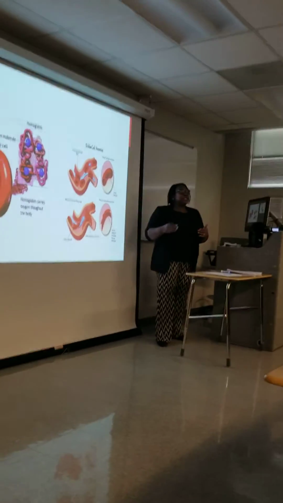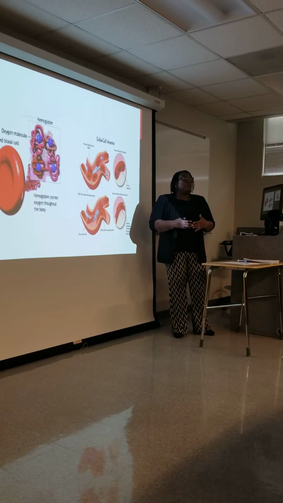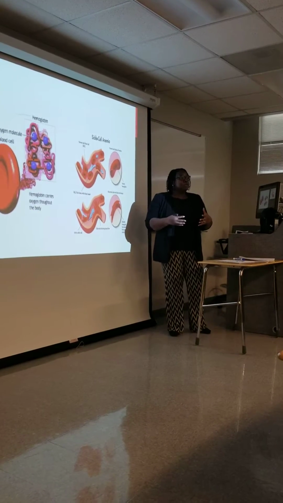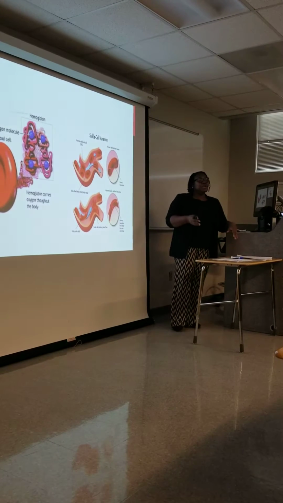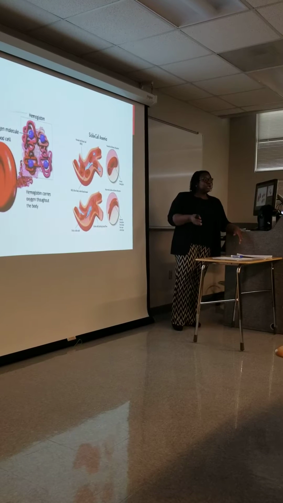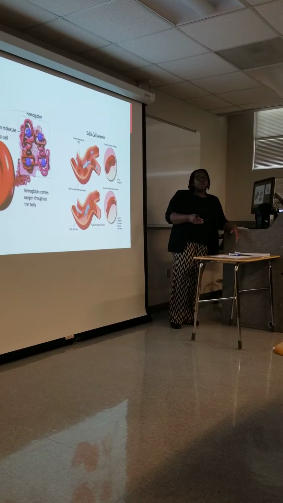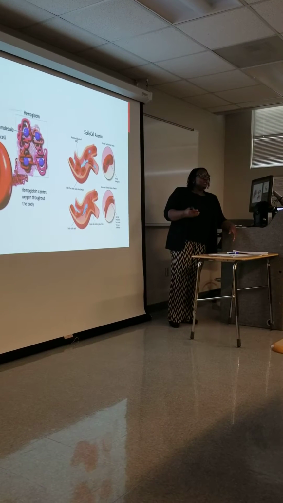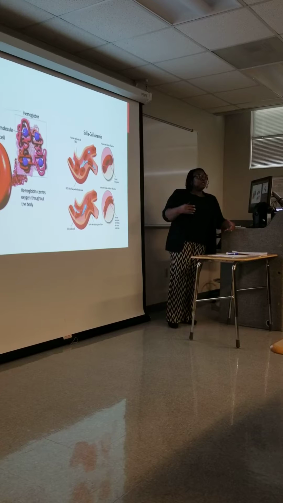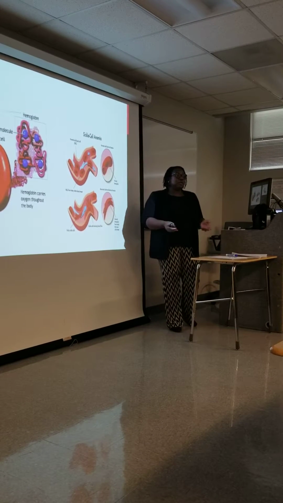That's why you have these intermittent crises. If you catch it before it becomes too rigid, it can return to its normal shape. So when we get to talking about interventions in treating someone with sickle cell, you'll understand the importance of getting them hydrated and getting them oxygen, because it can help the red blood cell return to its normal shape.